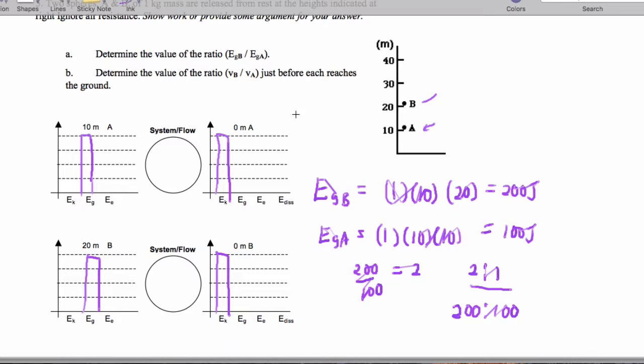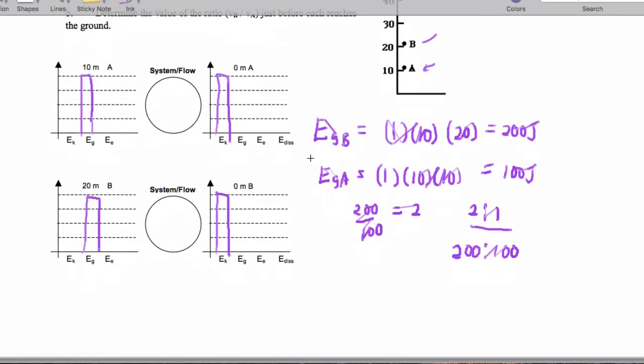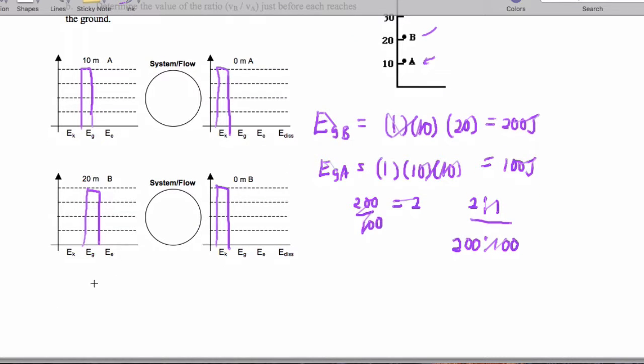Now, the next thing we want to do is determine the value of the ratio of VB to VA just before each reaches the ground. So now we can use our energy conservation. I know EG equals EK, and let's do that for each one. So for B, we've already got 200 is 1/2 times 1 times V squared.